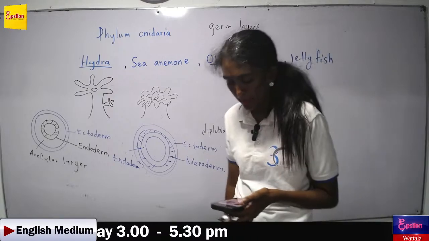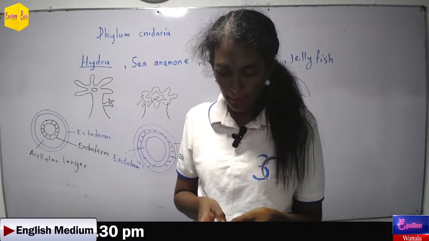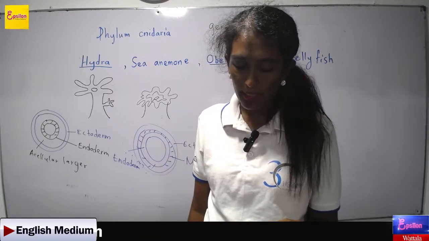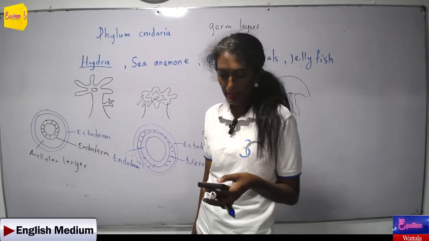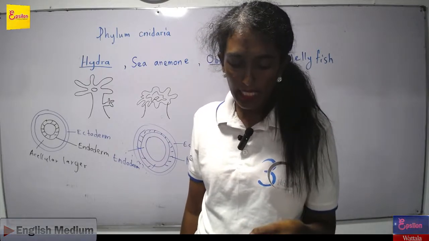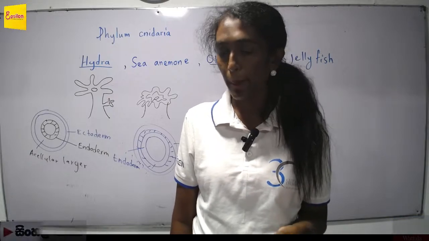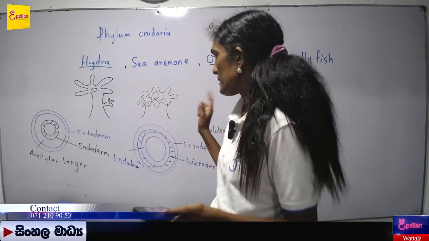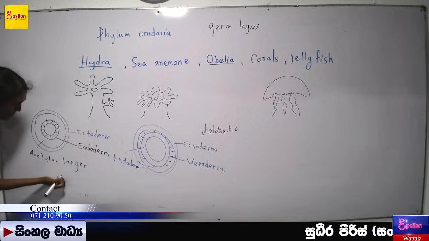Alright, let's get back to the description. It says some simple organization, diploblastic or just 2 body cell layers, an outer layer of ectoderm and an inner layer of endoderm. Sandwiched between those 2 layers is an acellular layer of mesoglea. Go to the picture and label the acellular layer of mesoglea. You don't have to draw, just write it there.